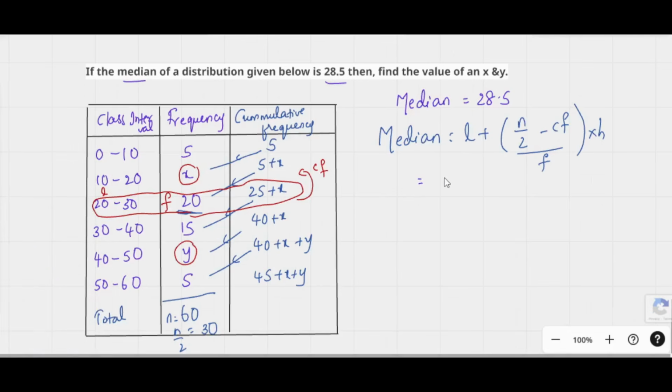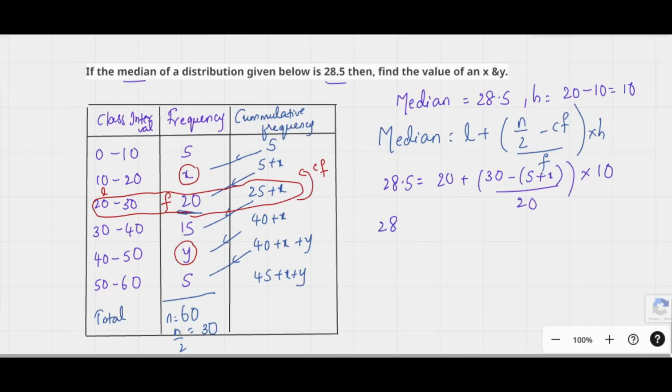So what is the lower limit here? So median they already gave us 28.5 is equals to 20 plus 30 minus 5 plus x divided by what is frequency 20 into what is h, 20 minus 10, right? So h is equals to 20 minus 10, that is equals to 10.